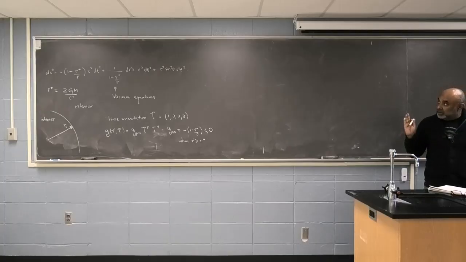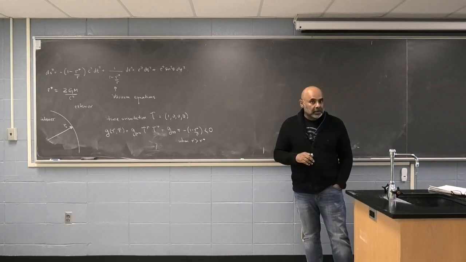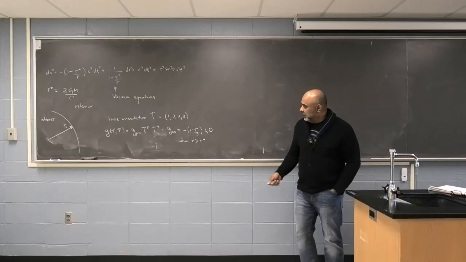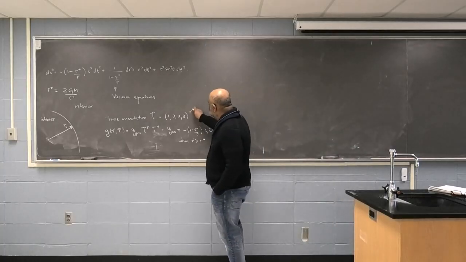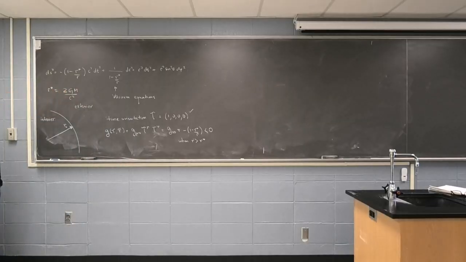But this metric breaks down at r equals r star, so we cannot use this metric there. All I can say is this is a good time orientation in the exterior geometry. Are we good?